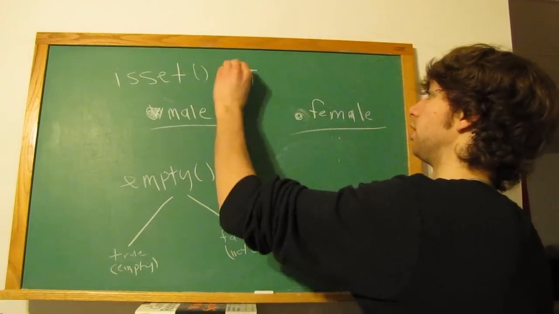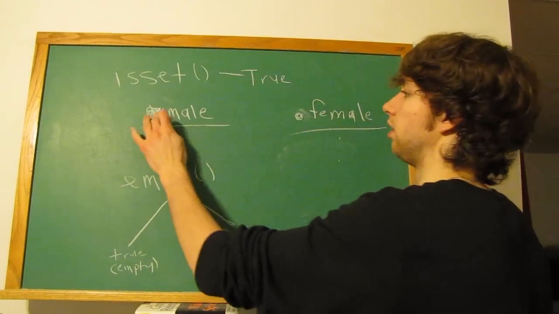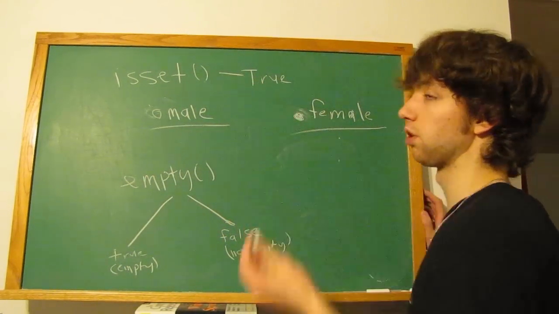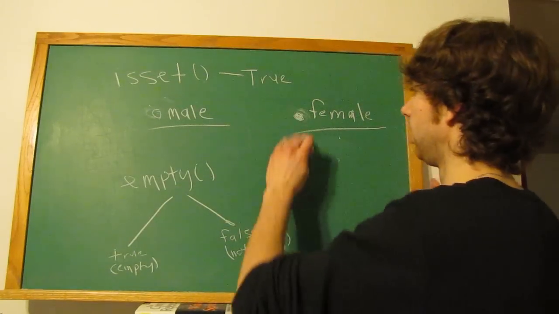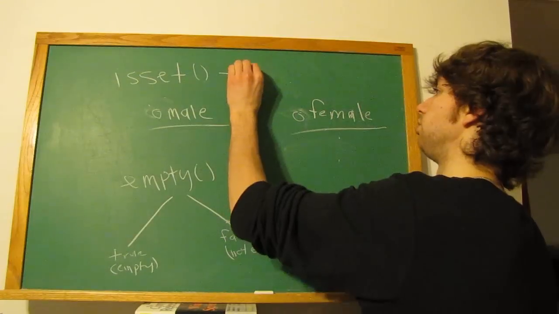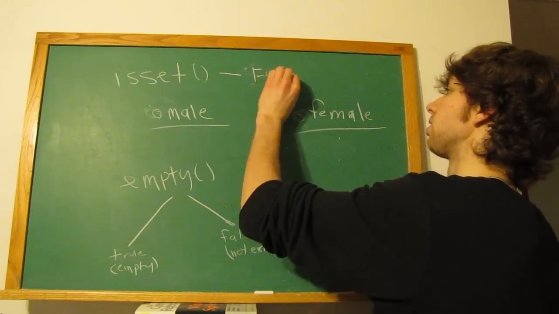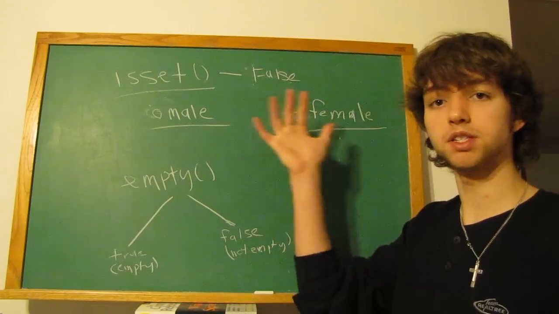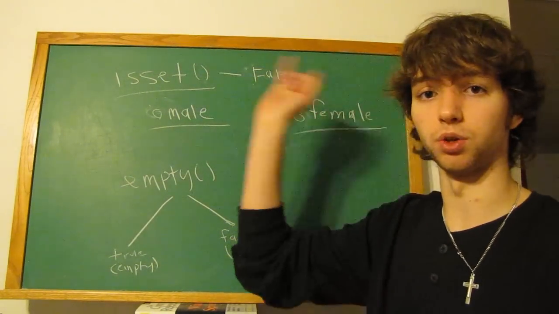So this will evaluate as true. And if we instead check female, this is still going to evaluate as true. And if we don't check any of them, this is going to evaluate as false, which is to say it's not set. So with these kinds of things, this function is going to work.